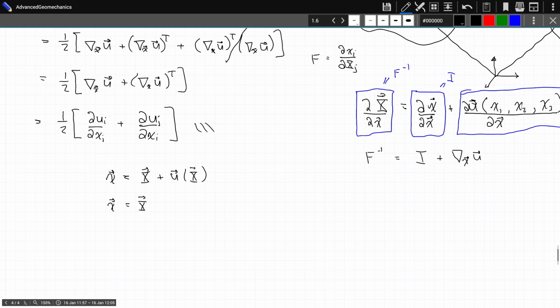Depending on how you define your strain, you'll have an energy or work conjugate measure of stress. It doesn't matter what strain you use, but you have to be consistent. If you're going to use a Lagrangian strain, you have to use the appropriate energy conjugate stress measure, and we'll see what those are when we get to them in a couple of weeks.